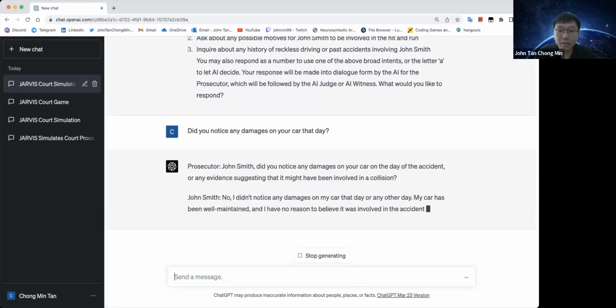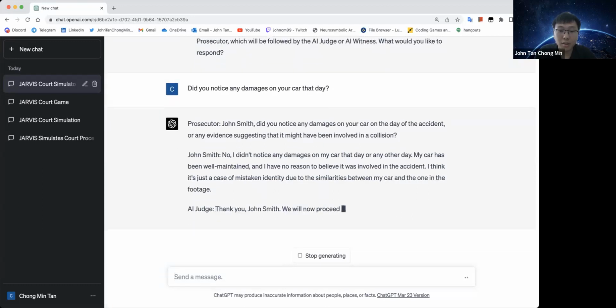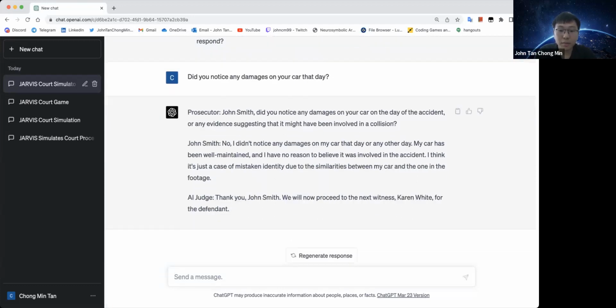Well maintained. Oh, wait, I start to ask him small questions like, did you notice... can you prove that your car is undamaged?